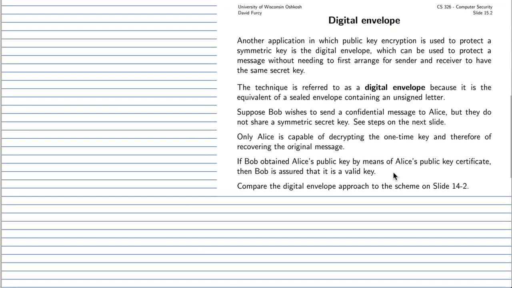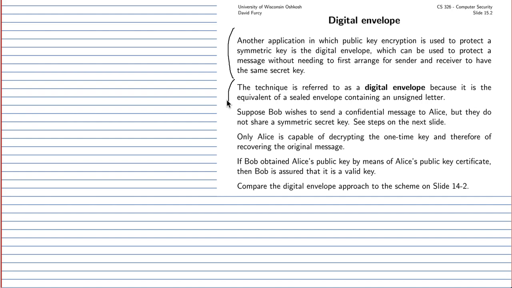So imagine a scenario where a sender wants to send a confidential message to a receiver, but the sender and receiver did not share a private key ahead of time. So this is a scenario where a digital envelope becomes useful. And the name of that mechanism comes from the following analogy.